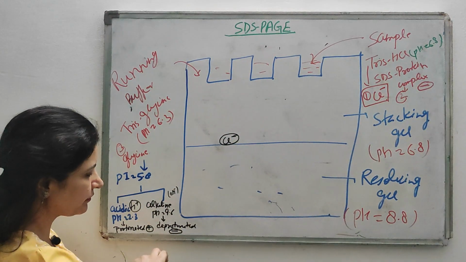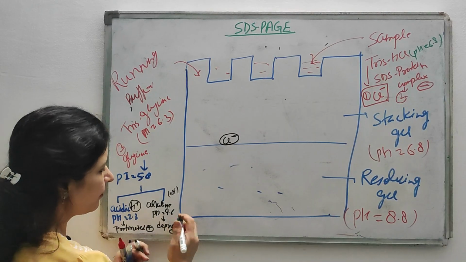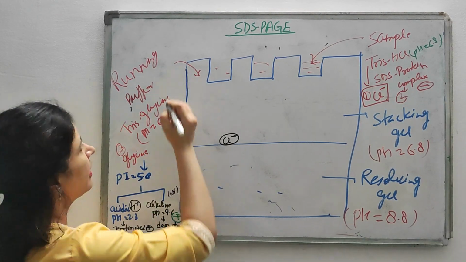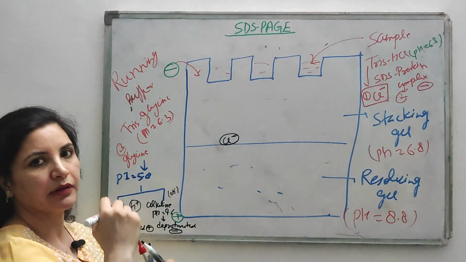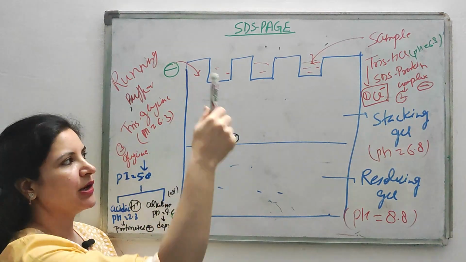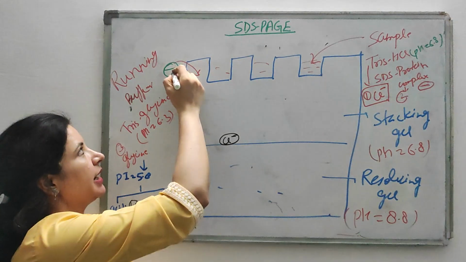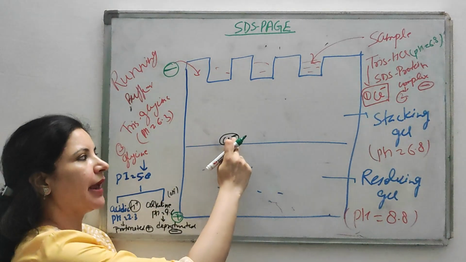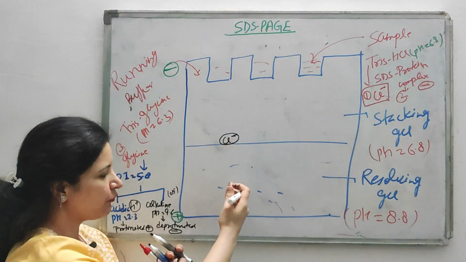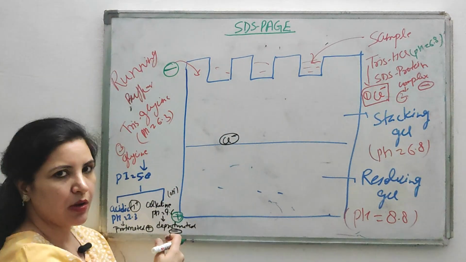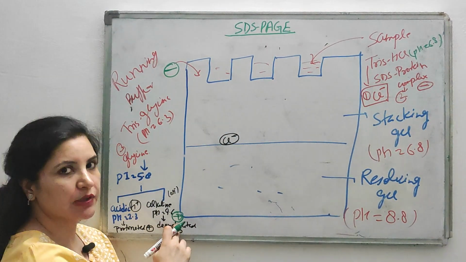And here is what? Here is your positive electrode and here is the negative electrode. While you set up your electrophoretic chamber, here is your positive charge and here is your negative charge. So being negatively charged, it will move from where? Negative to positive, so it will move towards the positively charged electrode.